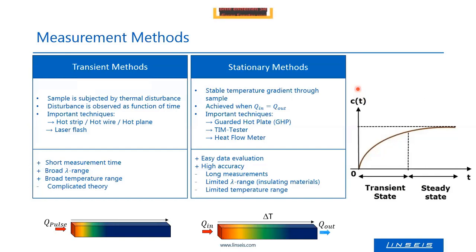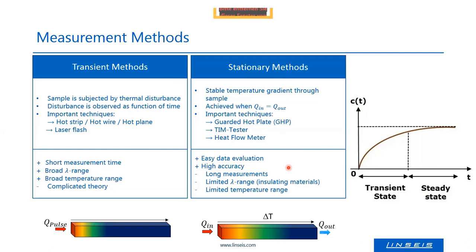When the thermal conductivity needs to be measured, in principle, there are two different methods. The older one is the stationary methods. For many years, thermal conductivity was measured with plate instruments, which you might know.